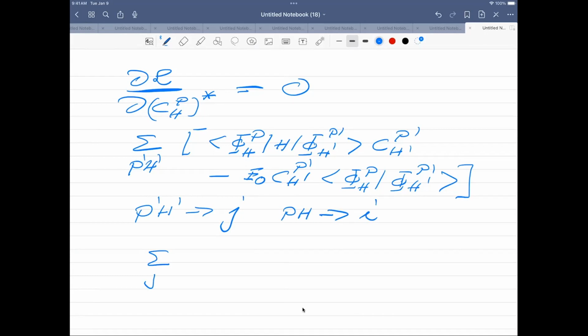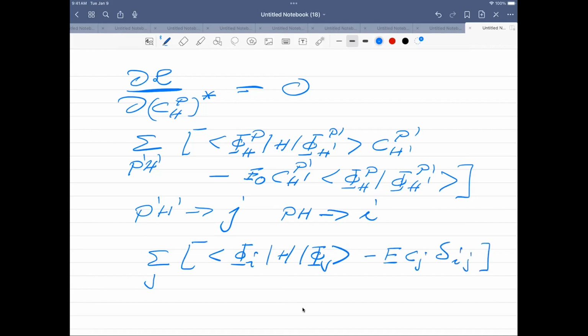And then you have now a state phi of I, and then you have H and phi of J, and this is minus E times Cj. And then, since these states are assumed to be orthogonal and normalized, we have just a Kronecker delta. And this is something you can isolate, and you have a sum over Hij, where Hij is now simply this element here.